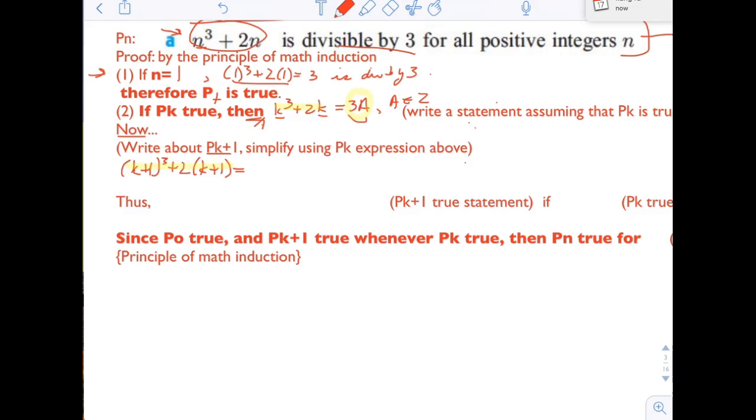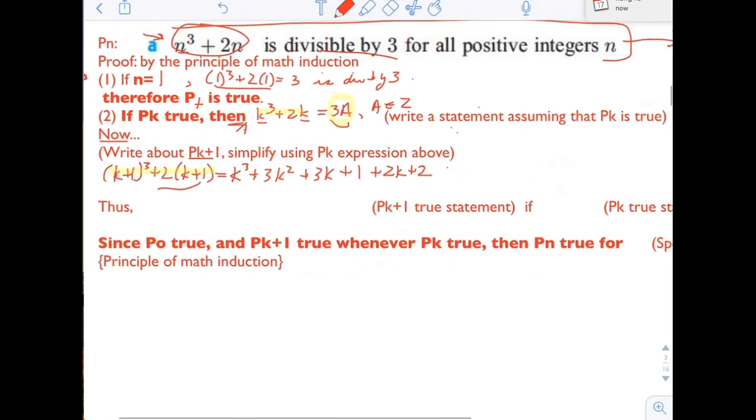Okay? So let's see if we can simplify this. We're probably going to have to expand it. So let's do a binomial expansion on k plus 1 cubed. So we get k cubed plus 3k squared plus 3k plus 1. And then we'll multiply that out. So we'll get plus 2k plus 2.